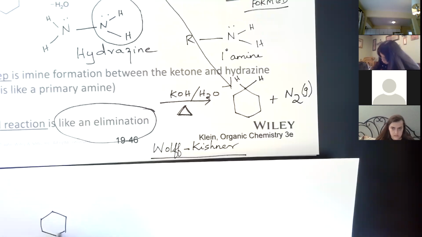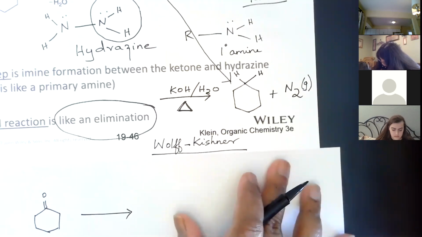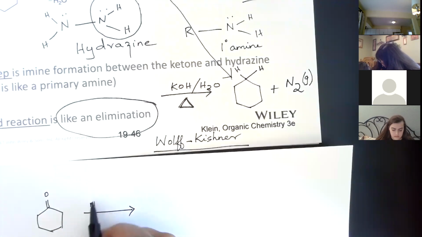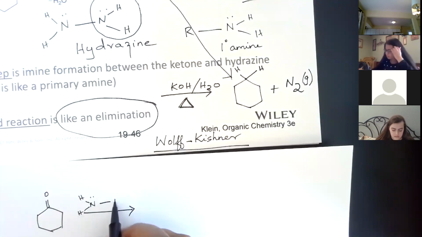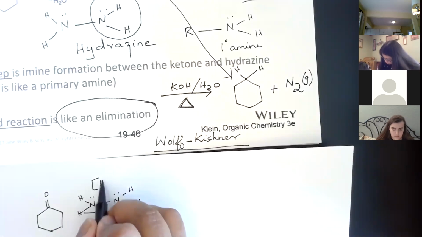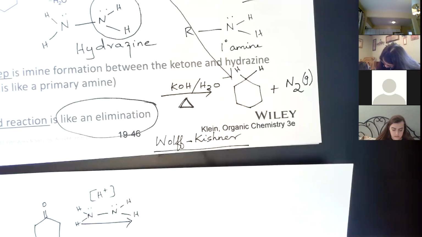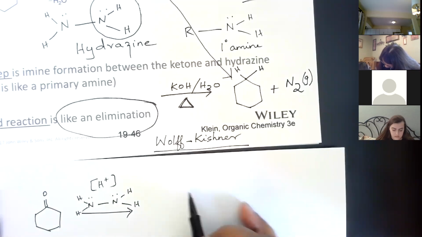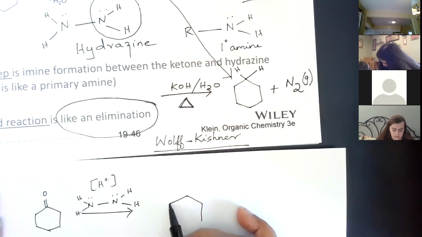I'm going to put it all together for you. You don't have to know the mechanism for the second part. And know the structure for hydrazine. Of course, it has to be catalyzed by the acid, okay? H3O+, first step.